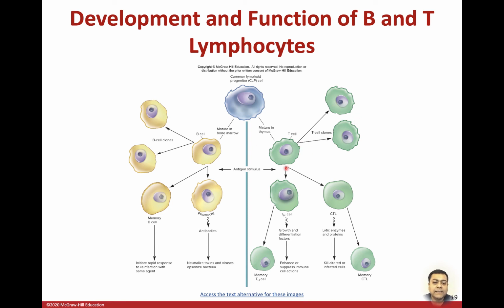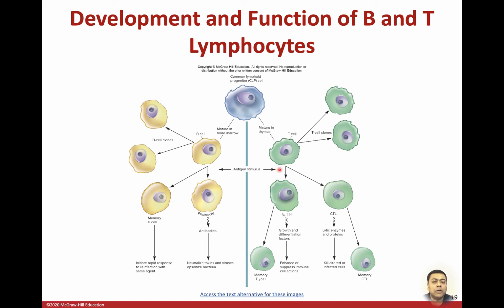Then these T cells will differentiate into TH cells, which are T helper cells, and growth differentiation factor. At this point, the antigen stimulus is required. Due to the antigen stimulus, two things can happen.